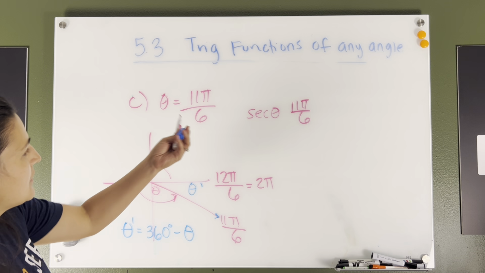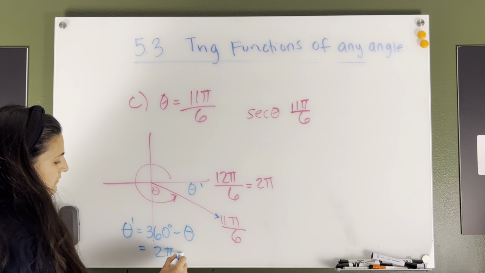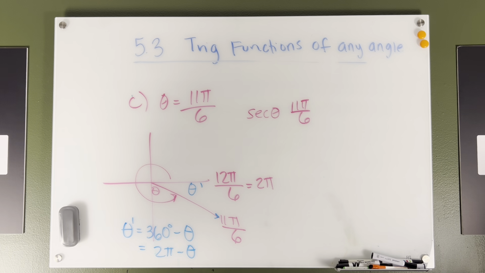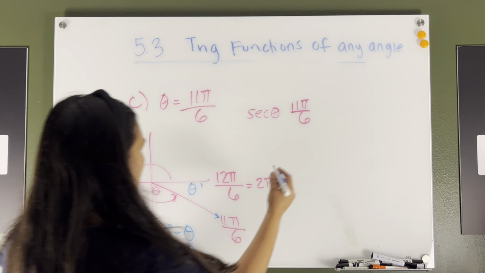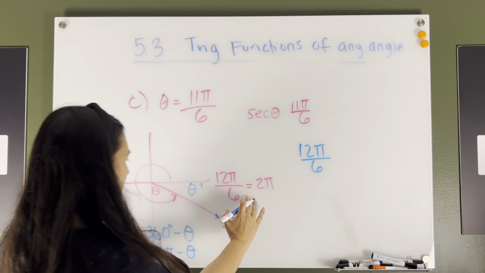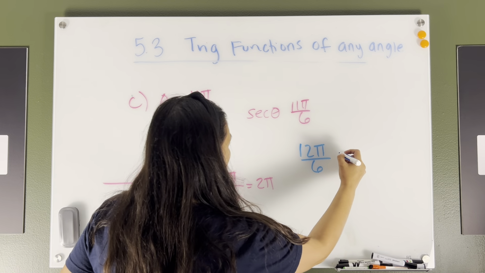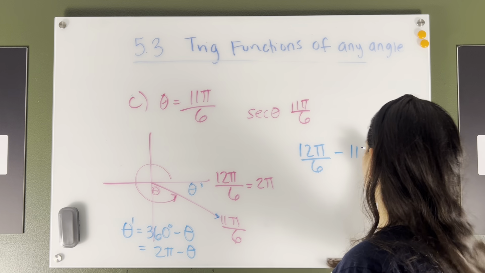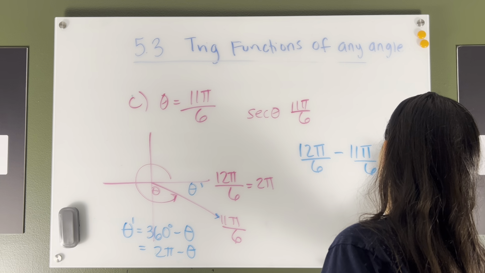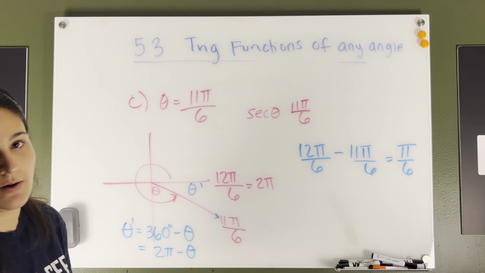Now, because they give it to us in radians, instead of using 360 degrees, we will use 2 pi. Okay, so basically 2 pi minus theta. Okay, so 2 pi, which is 12 pi over 6, so we spoke about that earlier. Right? You want to have the same denominator in order to subtract. Minus 11 pi over 6, and this is pi over 6. So the reference angle that we'll be using is pi over 6.